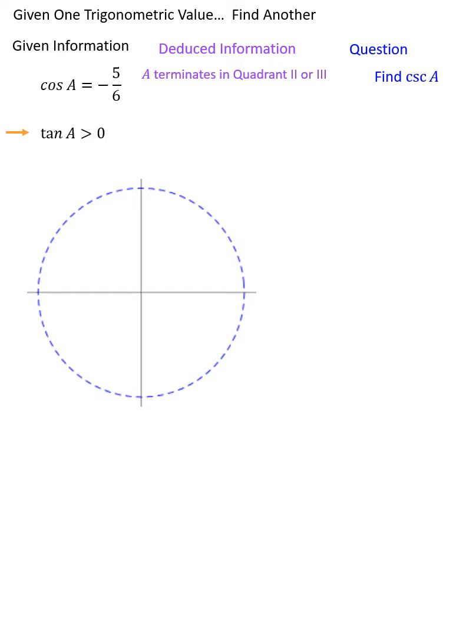Now recall that the tangent is the ratio of y-coordinate divided by x-coordinate. But we also know that the tangent is positive. The only way that a division problem or ratio can be positive is if the numerator and denominator are either both positive or both negative. But we already know that the denominator is negative, and therefore the numerator must also be negative.